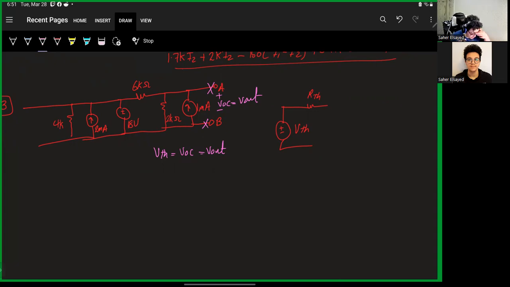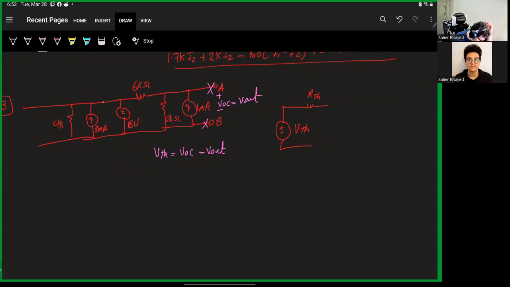Okay, so how would you do this? There's a couple of different ways you can do it, to be honest. You can change this with source transformation, or you can do nodal, mesh, whatever.